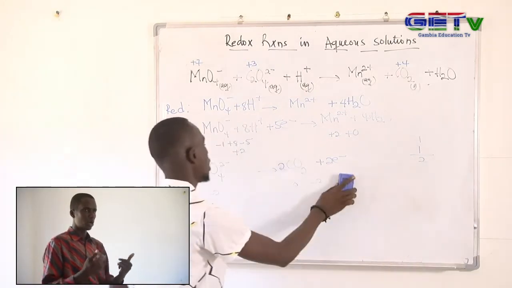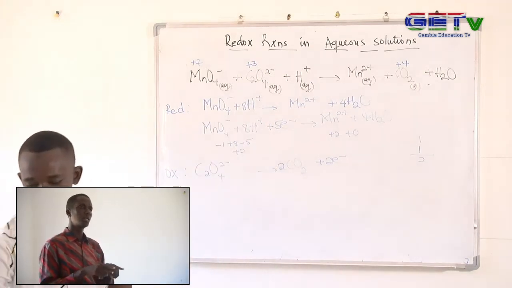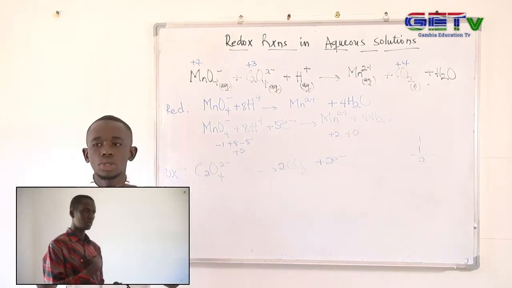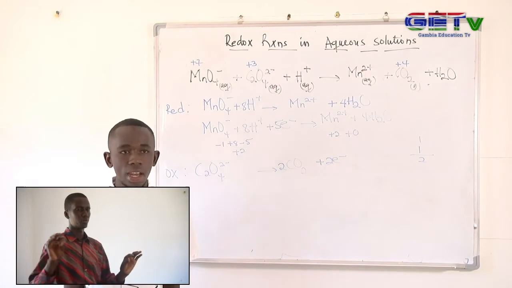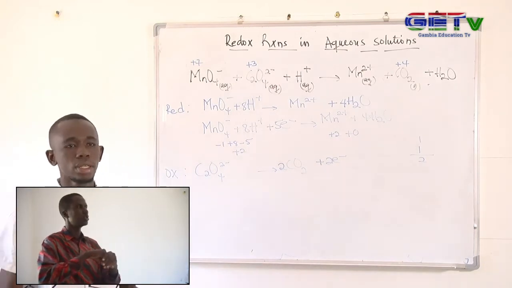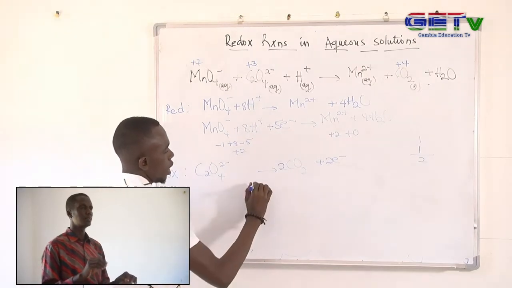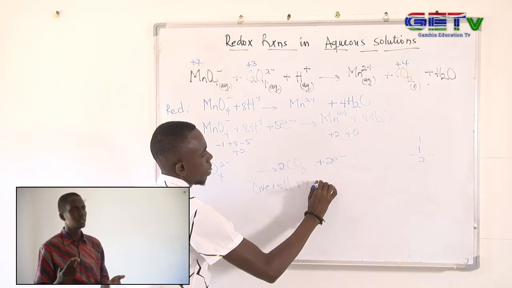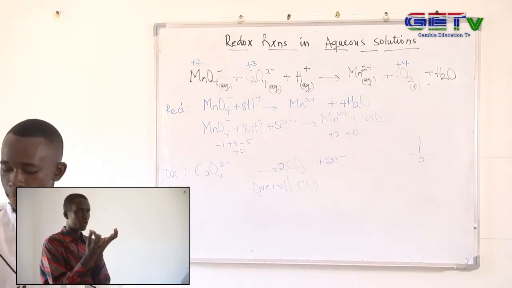Now the next thing here is to balance the overall reactions. In balancing the overall reaction, we'll bring these 2 reactions together and then we balance their electrons and also their number of atoms. Now we have the overall reactions.